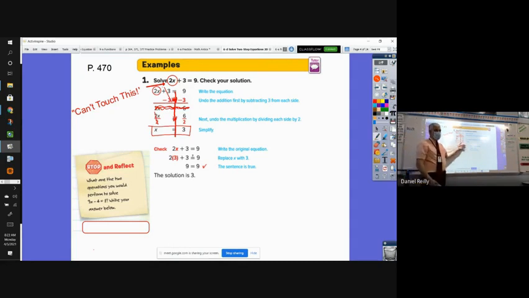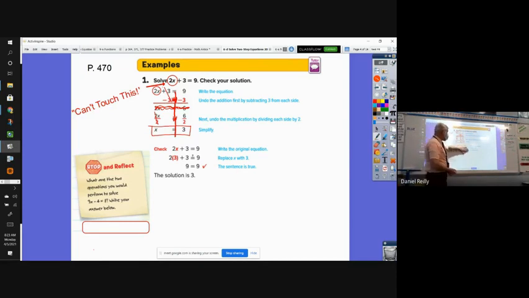Now, I didn't make you do checks on one-step equations because I think they're kind of silly. But we're going to check the solution for every problem. It's one of the beautiful things about algebra that once you get your answer, you can actually check to see if your answer is correct. You take this number, 3, and you substitute it into the original equation, and you see if the equation is true. Because that's what the solution is, the value of x that makes the equation true.